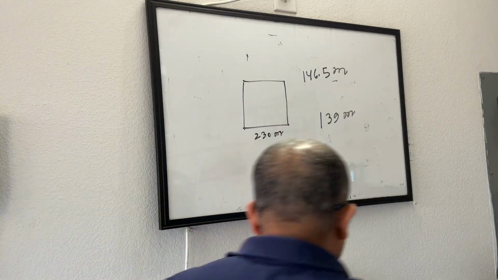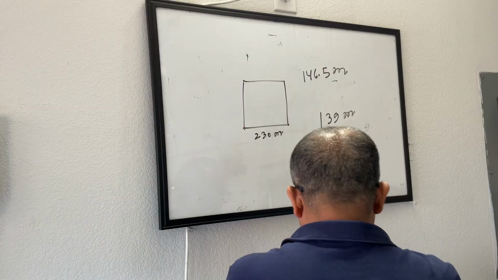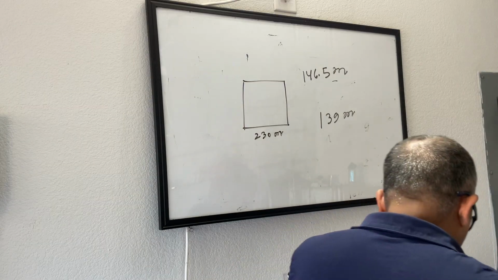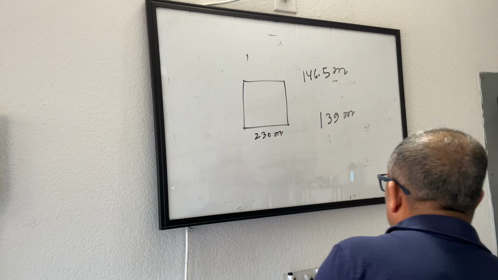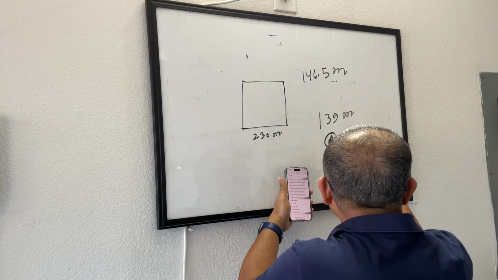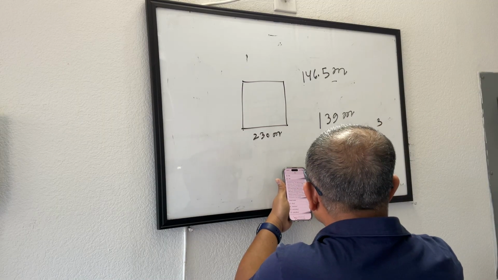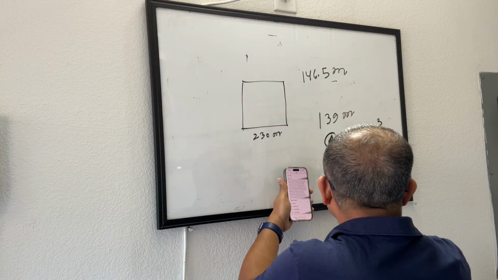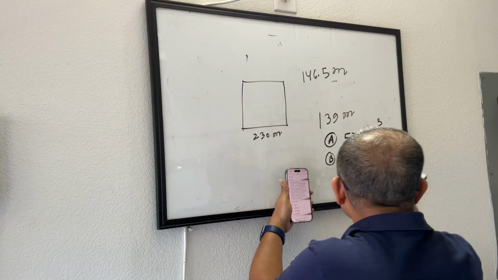Let me put down the options. The options given are: option A is 575 meter cube. Option B is 132,250 meter cube.